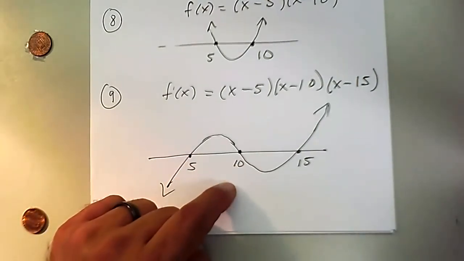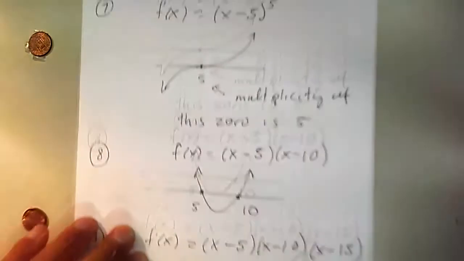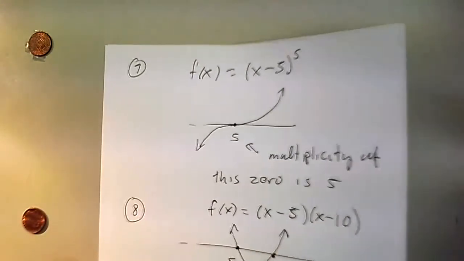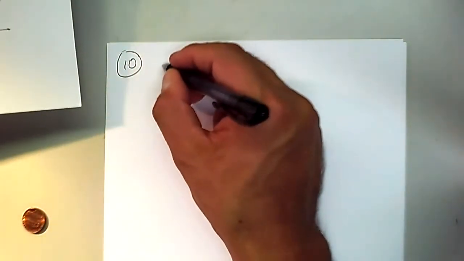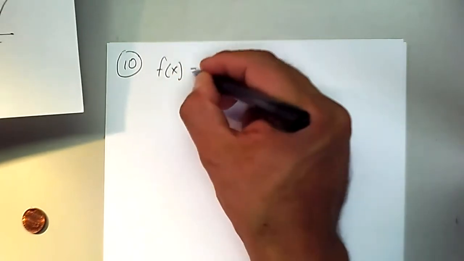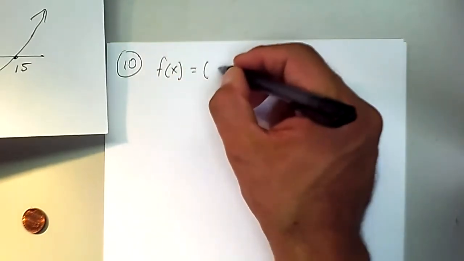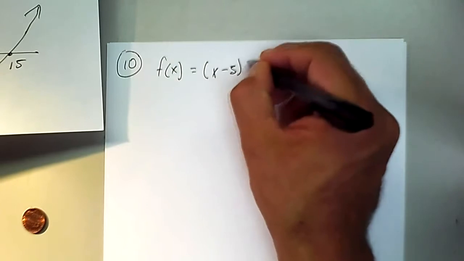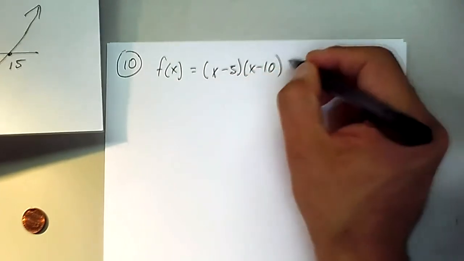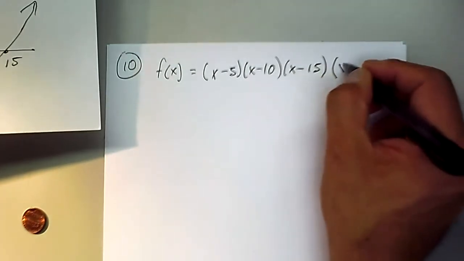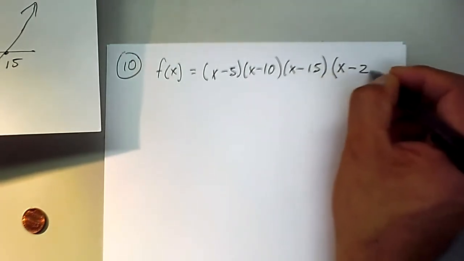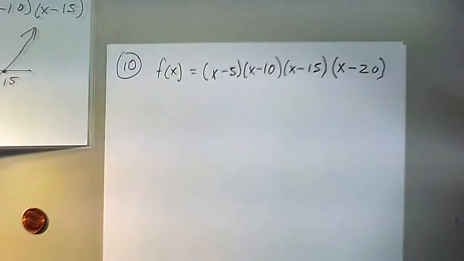Before I move on, well, I'm going to move on. Example 10. What if we have 4? x minus 5, x minus 10, x minus 15. You can probably guess the next one, x minus 20. All right.